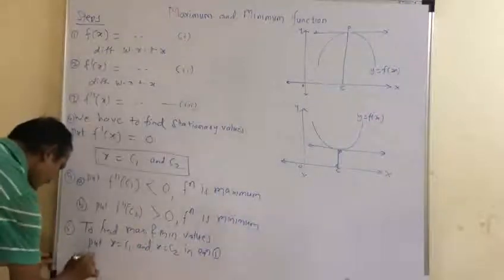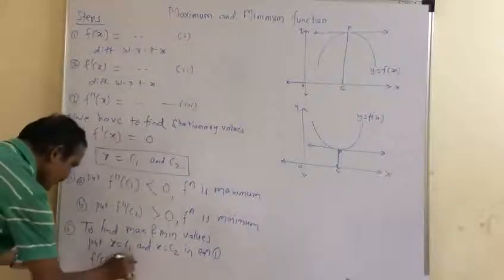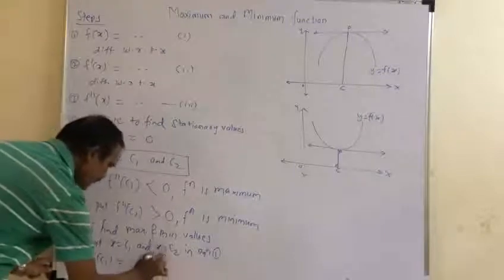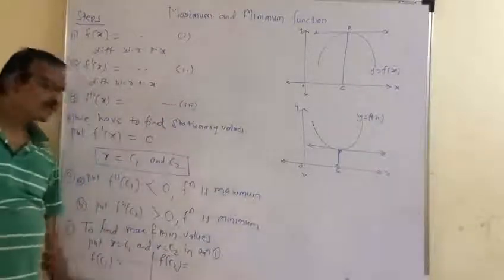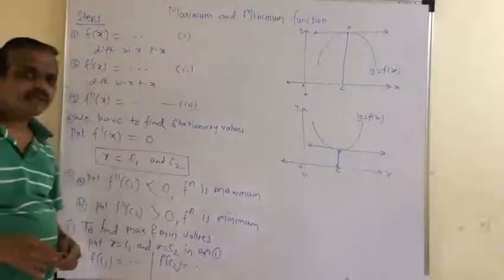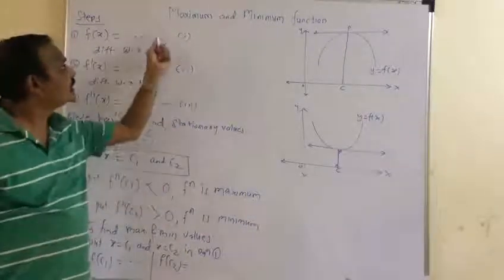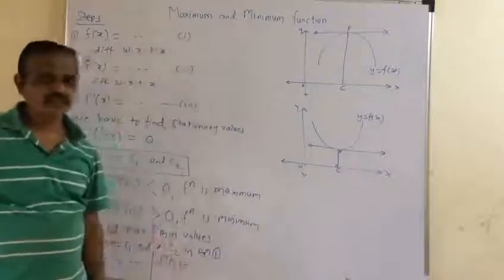So we get here f of c1 and also f of c2, and these values are the maximum and minimum values of the given function.